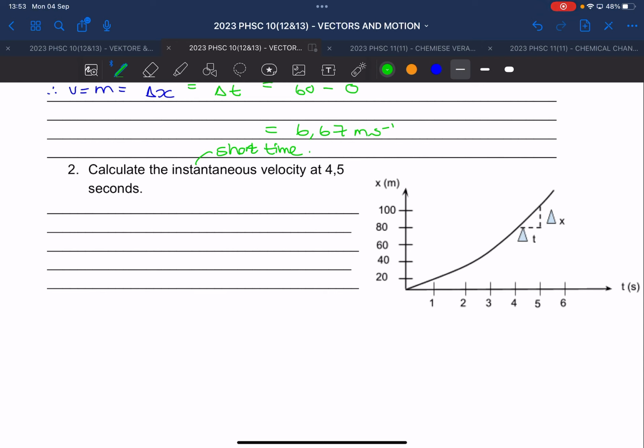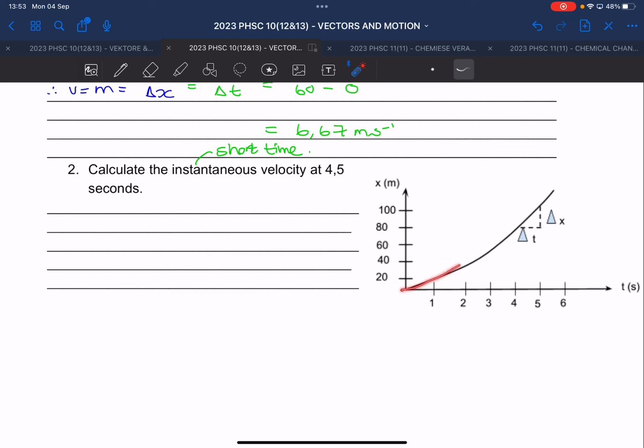Now, because this one is curved like that, we can't have a constant velocity. Here it's going slow, here it's going fast, like you did with acceleration in the practical. So we can't say, I'm going to take this point and get the velocity, because it's for too long. It changes too much.